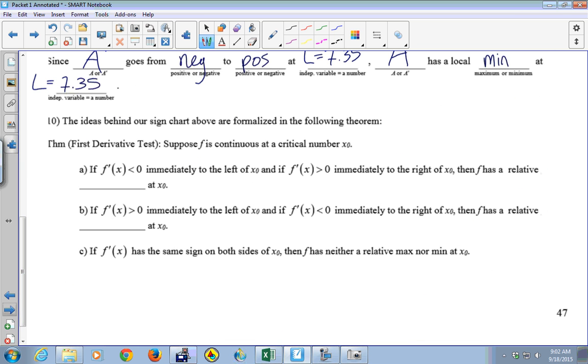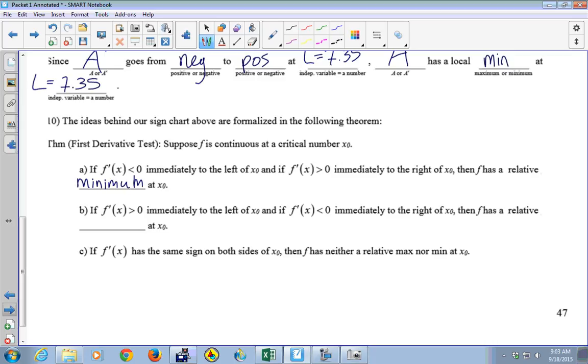All right, so the idea behind our sign chart is formalized in a test called the first derivative test. It says, suppose f is continuous and it has a critical number at some x value, we'll call it x naught. If f prime is negative immediately to the left of x naught and positive immediately to the right of x naught, that means that f went from decreasing to increasing, so f has a relative minimum at x naught.